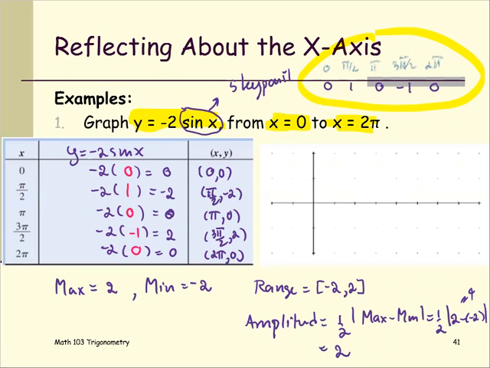From the graphing area, we're going to plot out the 5 points on it. So from this, we make the increment from 0, pi over 2, pi, 3 pi over 2, and 2 pi. The maximum is positive 2. Minimum is negative 2.